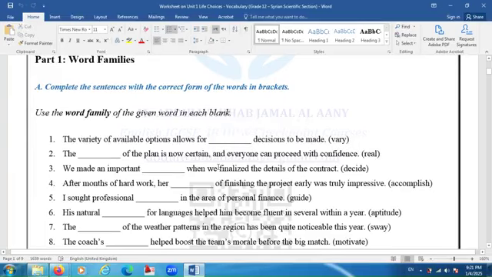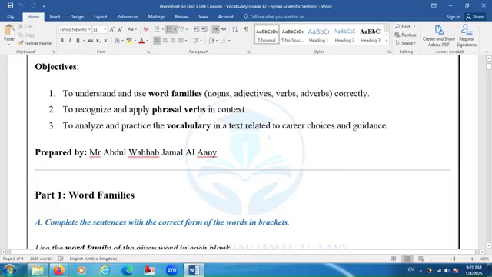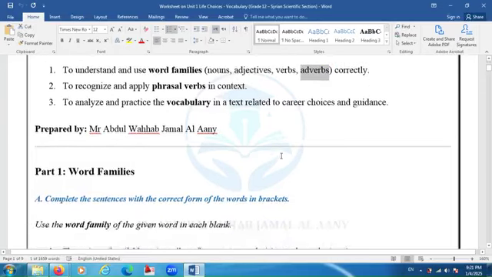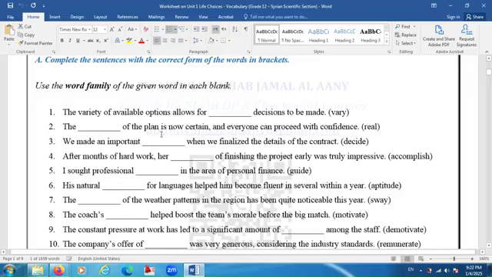Is it a noun? Is it an adjective? Is it an adverb, or is it a verb? So it relates to the grammatical form, let's say, the word class found inside the sentence.